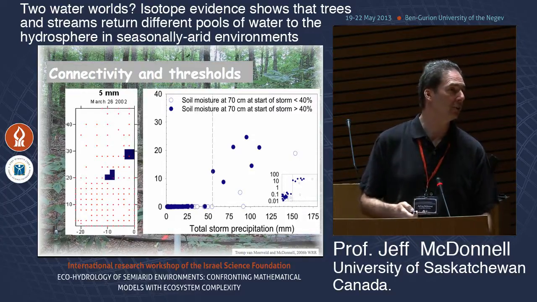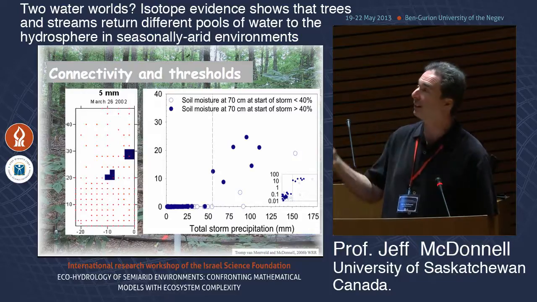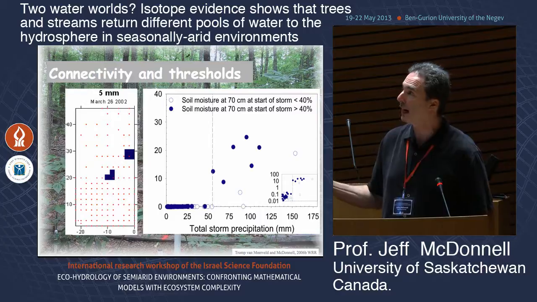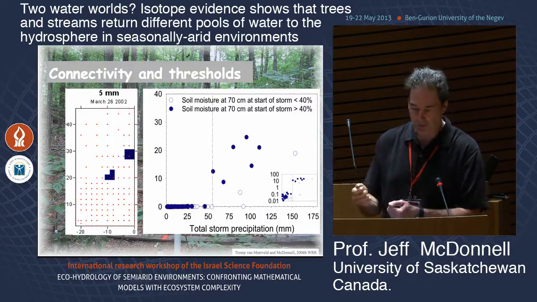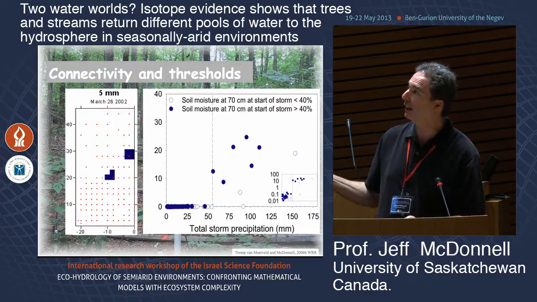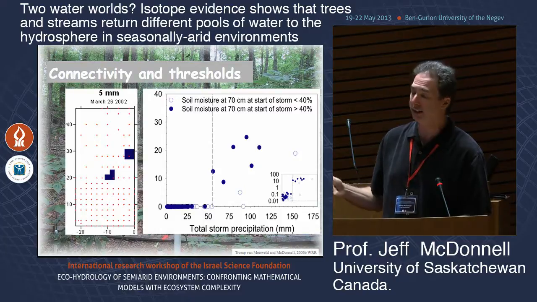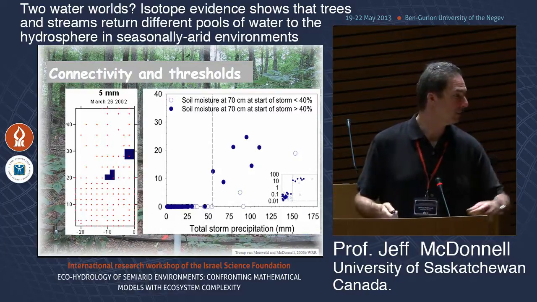Going back to the discussions that we had this morning, I think in hydrology at least, the link between these patterns of connectivity and thresholds has been a very useful way of understanding this kind of emergent behavior at the hill slope scale. This in fact came about from some work in John's lab.